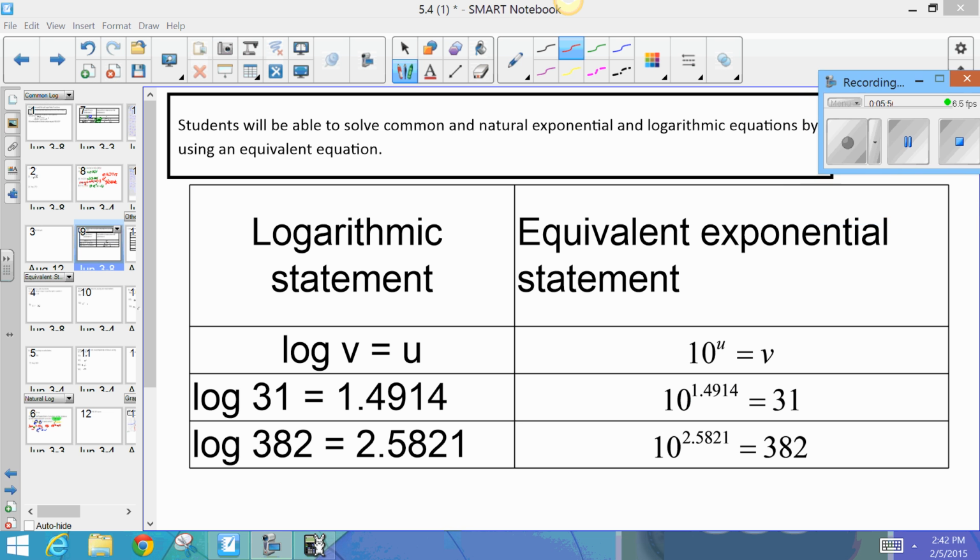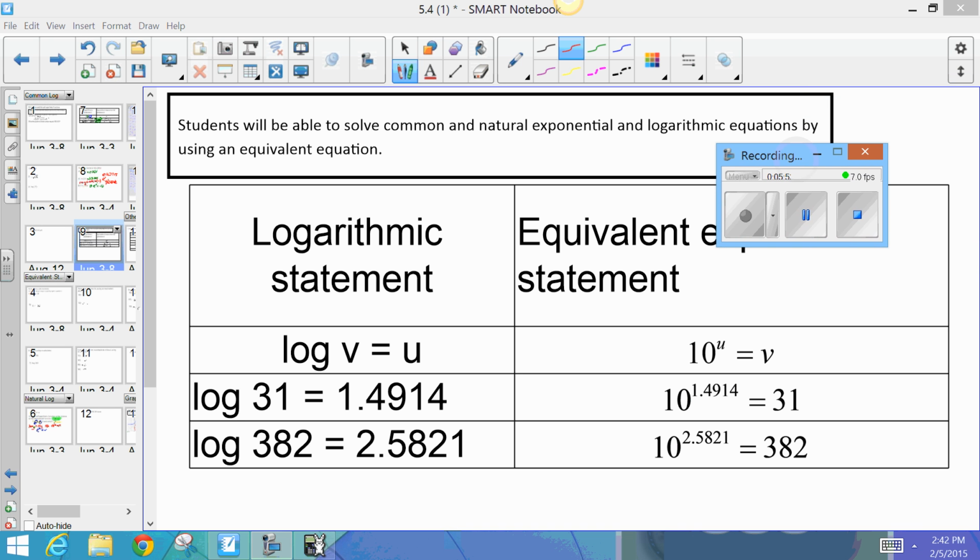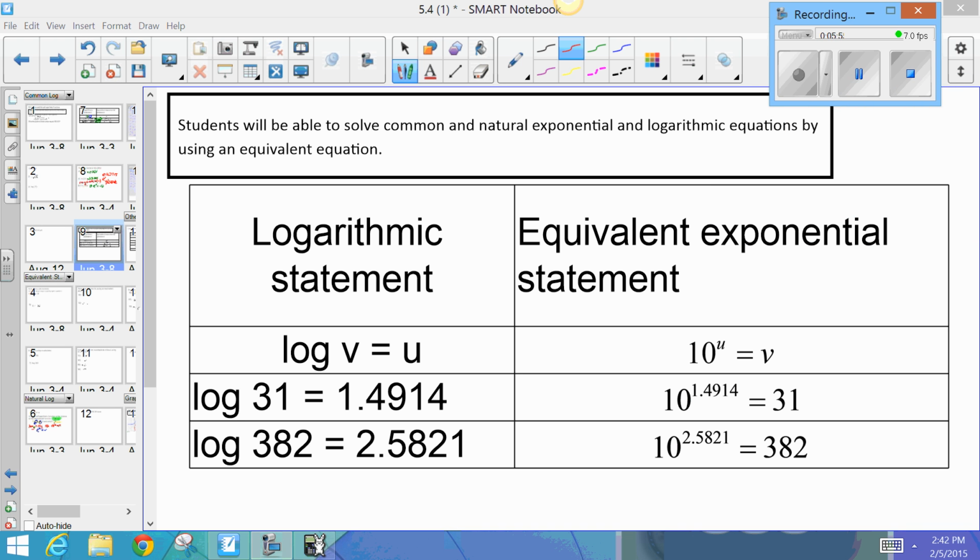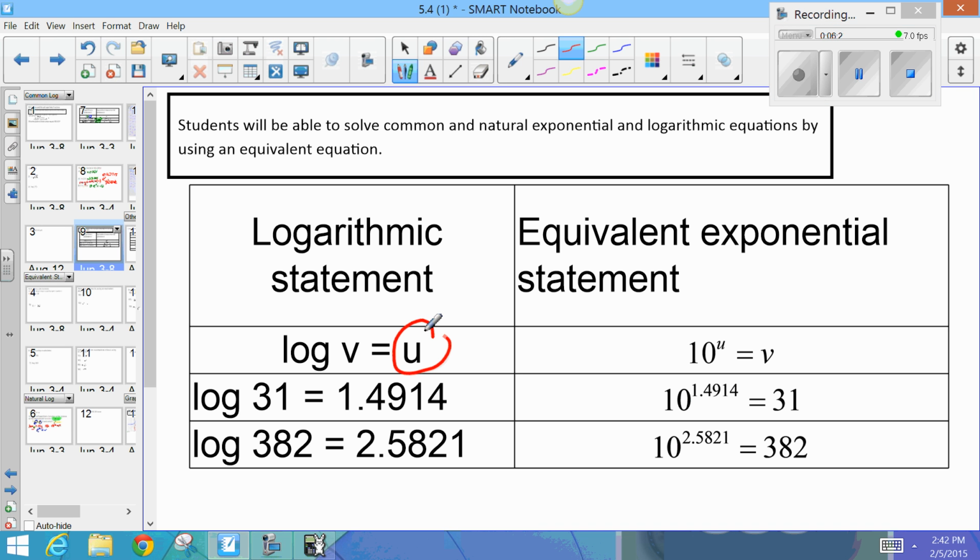Now, we learned equivalent statements of common logs in the previous video. I want you to put these in your notes and really analyze them. This is something that's easy to remember when you're working with it, but you've got to work with it a little while to understand how to get the equivalent statements. So this is going to be my exponent, and this is going to be what it's equal to.